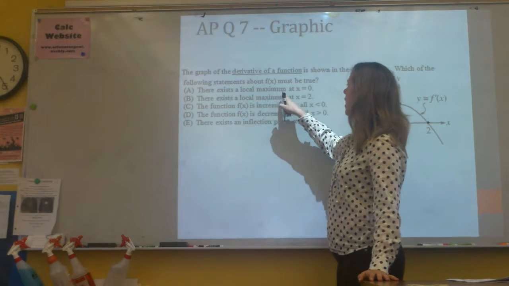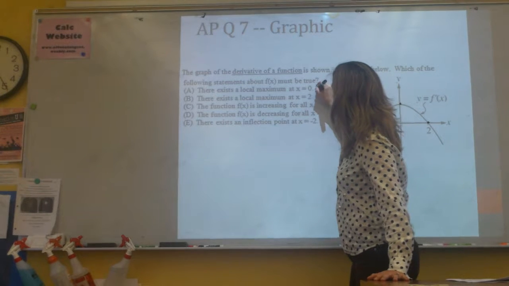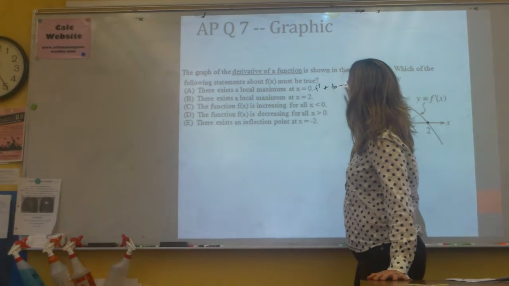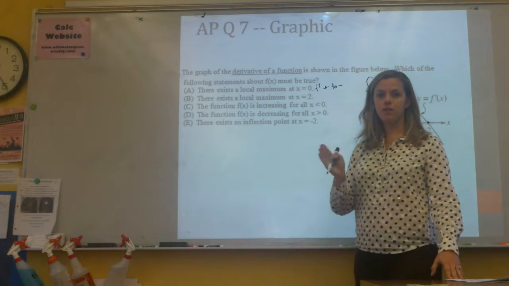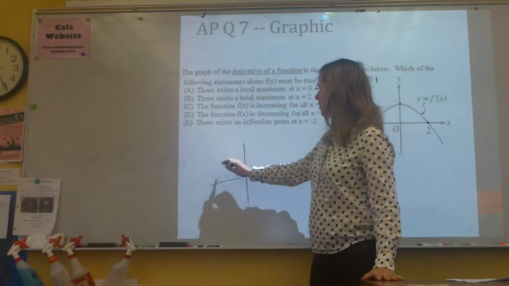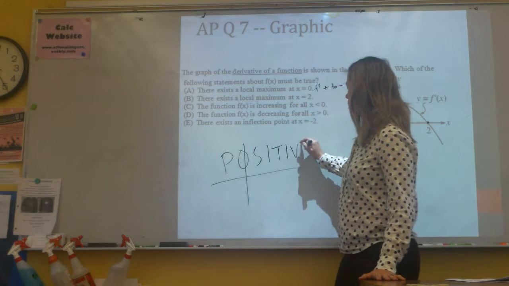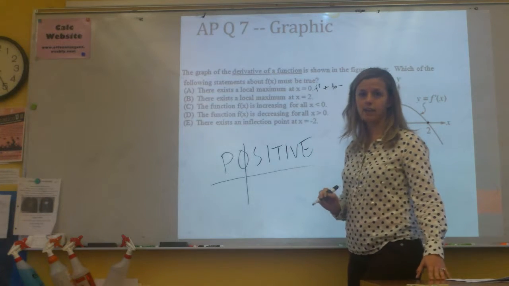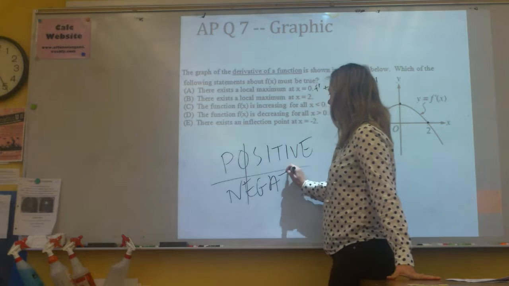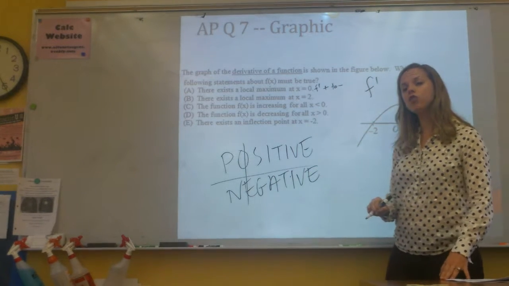So if f has a maximum, f prime is changing from positive to negative. Just to review, positive is above the x-axis, and negative is below it.